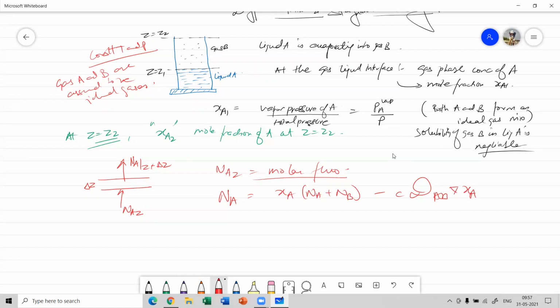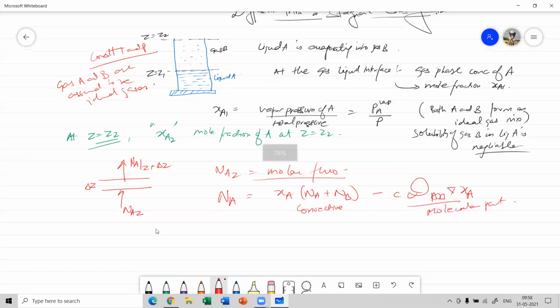In this, the first term is the convective flux, the convective part, and the second is the molecular part.